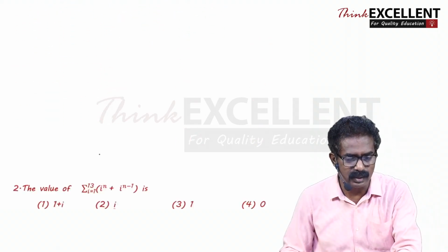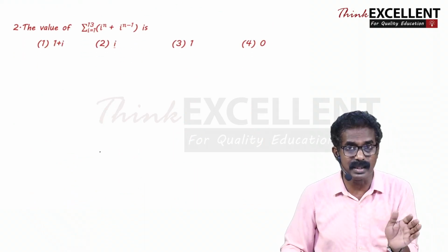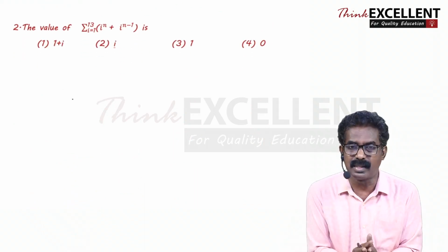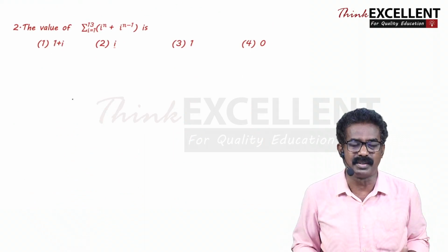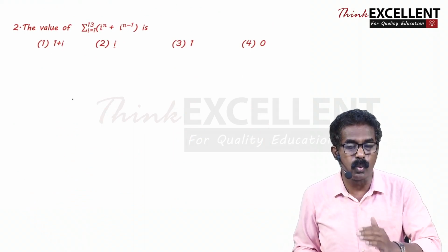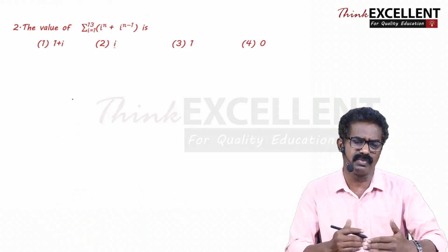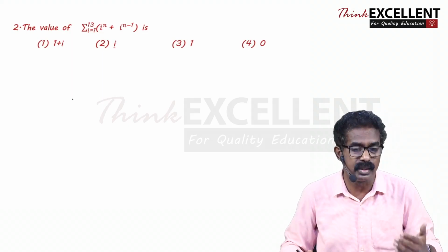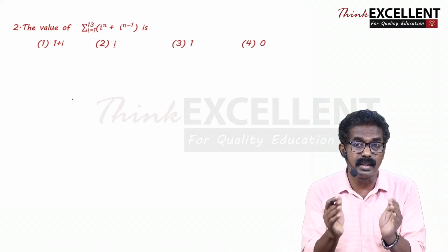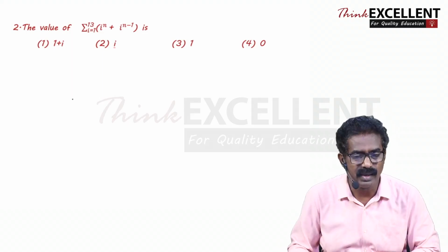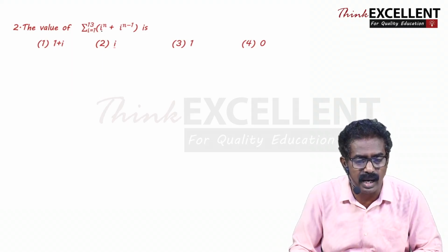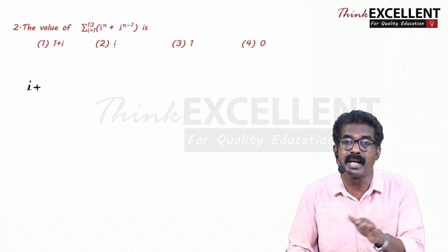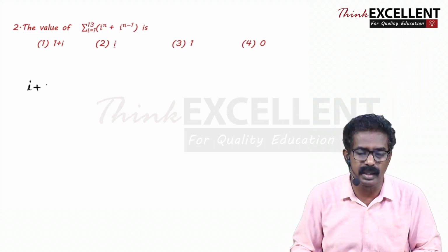Now let's move on to the second question, similar to that, but a little lengthy one. Sigma means summation. Sigma n equal to 1 to 13. So first for n you give 1, then you give 2, 3, 4, etc. up to 13 you give. So you will get 13 sets of values. First we give 1: i raised to 1, that is i, plus i raised to 1 minus 1, i raised to 0, any number raised to 0 is 1.